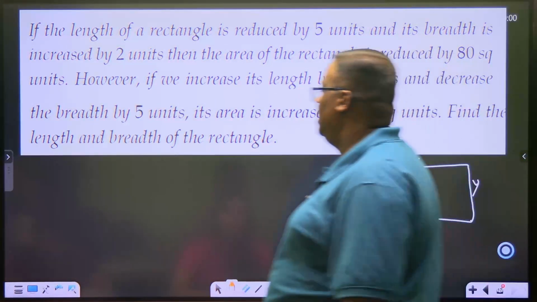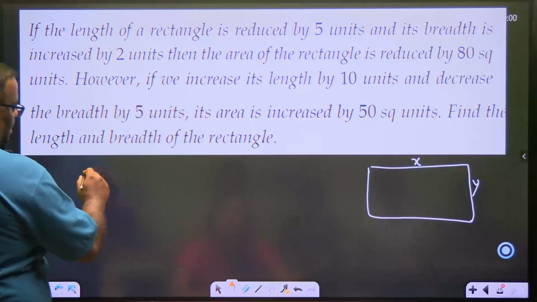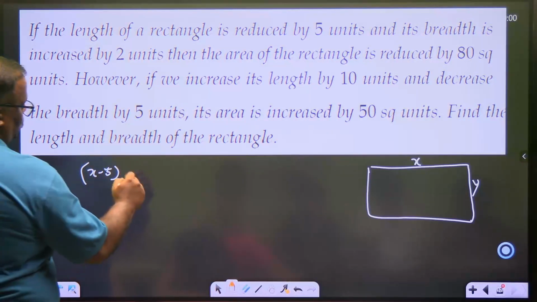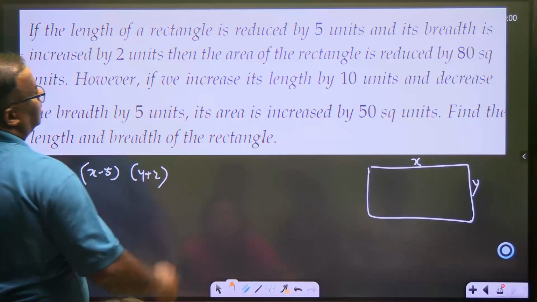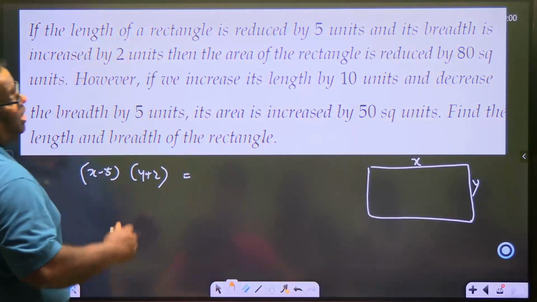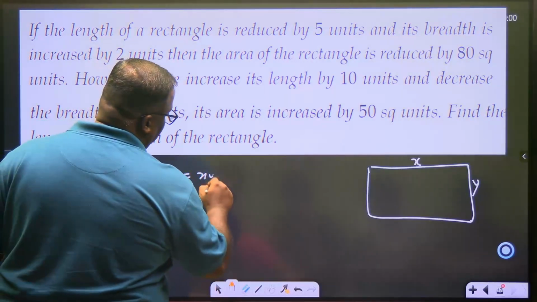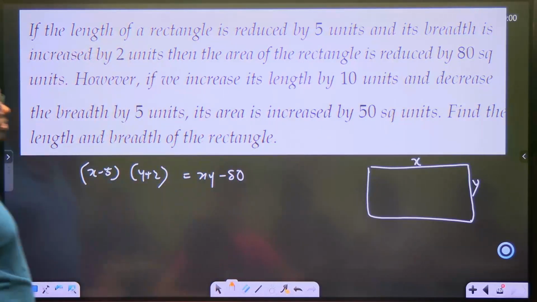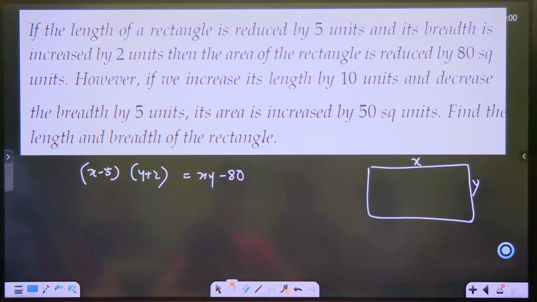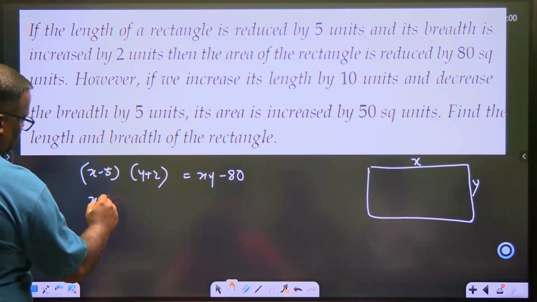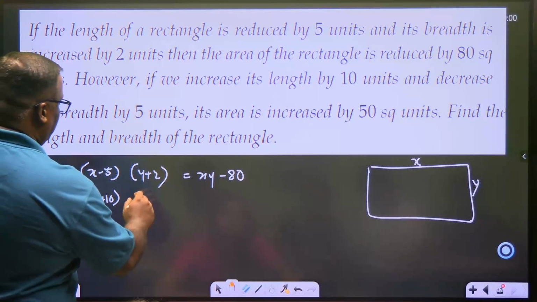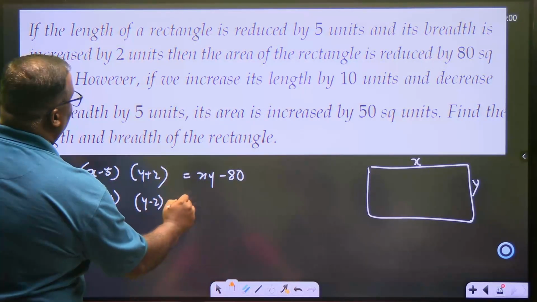Length of the rectangle is reduced by 5 units. Length is reduced by 5 and the breadth is increased by 2 units. Then the area of the rectangle, original area is how much? XY, but XY gets reduced by how much? 80 square units. This is equation number 1. Equation number 2 is if you increase the length by 10 and if you decrease the breadth by 5, then what happens?